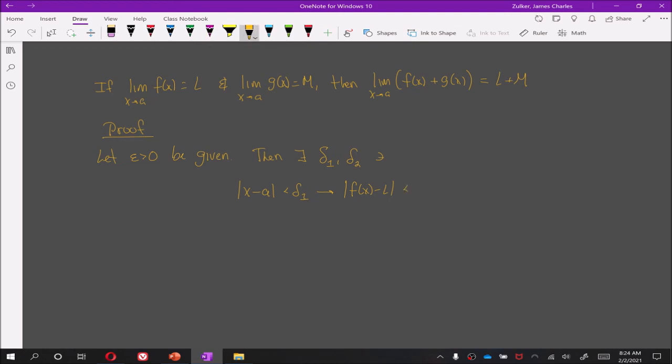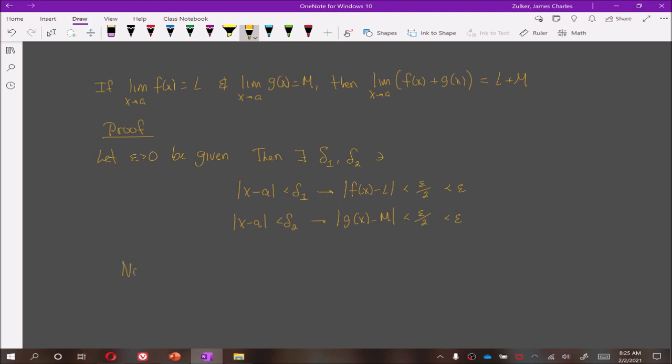Specifically, we can say it's less than epsilon over 2. That is by this limit here. And the absolute value of x minus a being less than delta 2 would mean that the absolute value of g of x minus m is also less than epsilon over 2, which is less than epsilon.